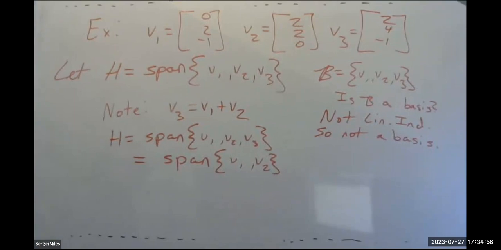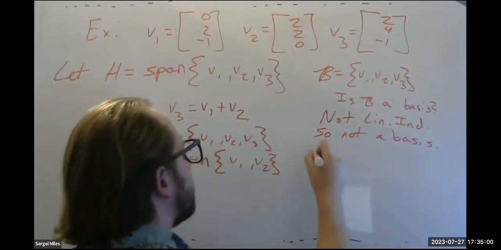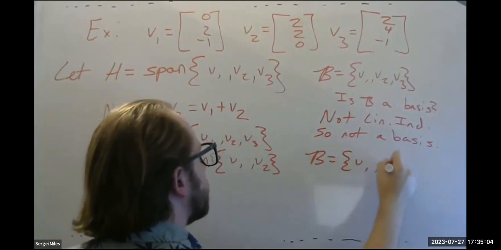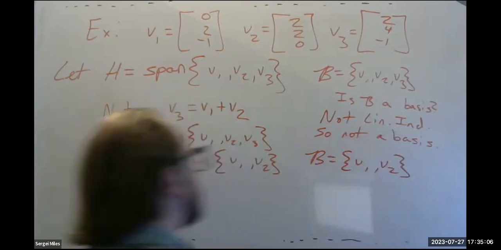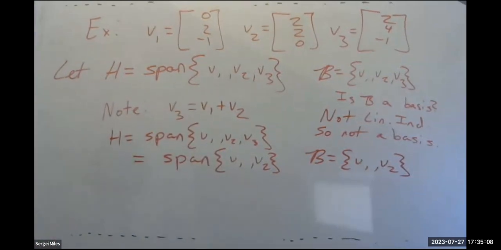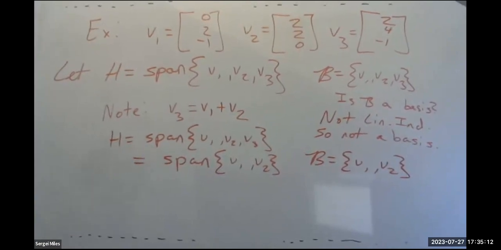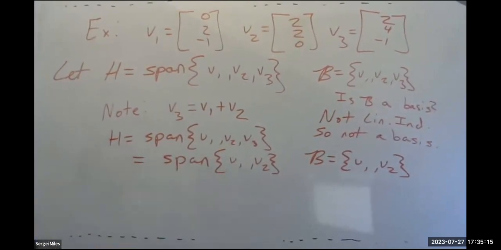Well, now with that in mind, what can we create? If I instead modify B to be the set V1 and V2, so I just threw out V3. I threw out V3 because it's dependent. It's a combination of V1 and V2, so I really don't need it. It's already included in here. And now what happens?